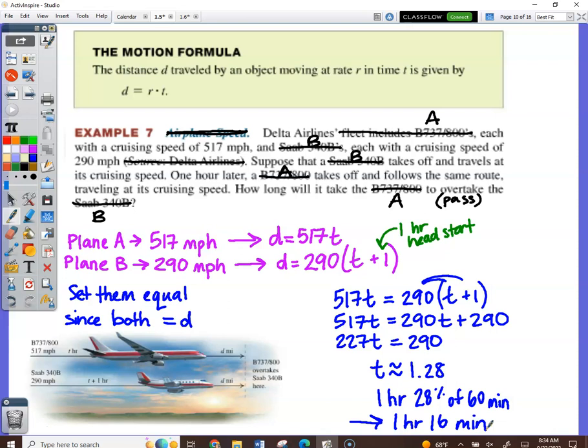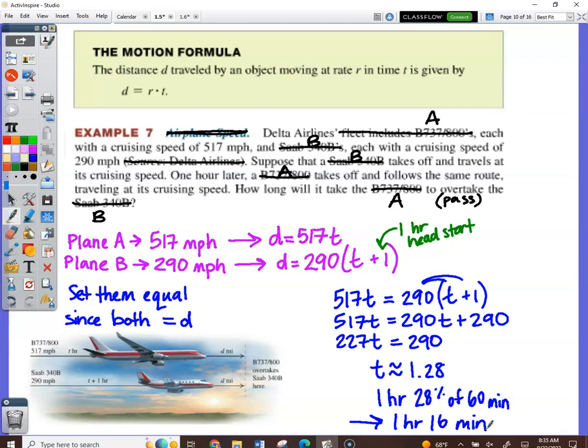MML, number 7. Let's talk for a second. This problem worked out the way it did because plane B took off an hour ahead, and then we were trying to figure out when they're equal, so plane A has to play catch up, right? So I made notes about this last year. What if it said the word earlier, instead of 1 hour later?